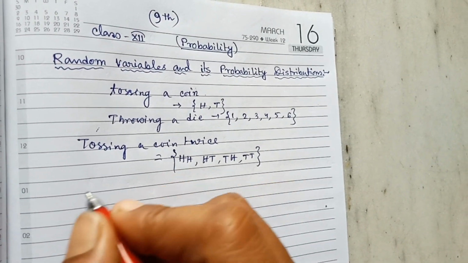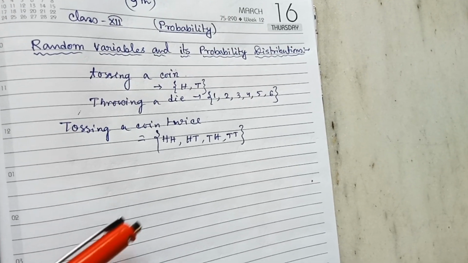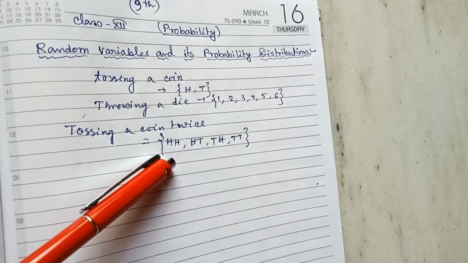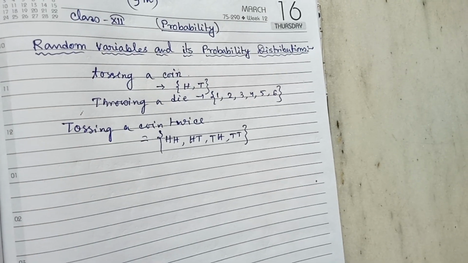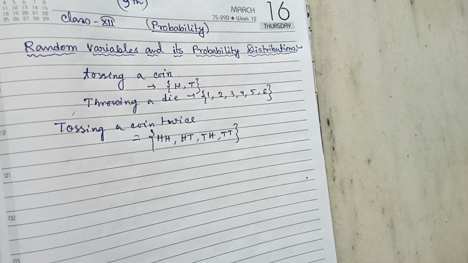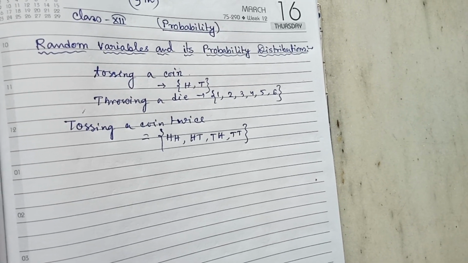Now, normally we have done the events of suppose getting exactly two heads, or only one head, or at most two heads, and about tails also, many things.